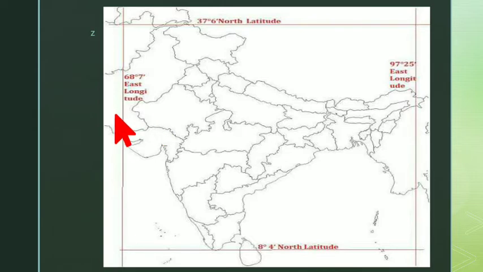The other thing we should know here is that India falls on the eastern side because the prime meridian runs from Greenwich, London, and India is eastward of that prime meridian. India is on the eastern side of London, and that's why India falls in the eastern section of the Earth. So this is about your latitude and longitude.